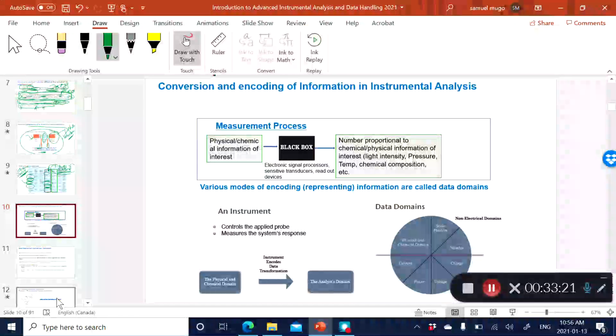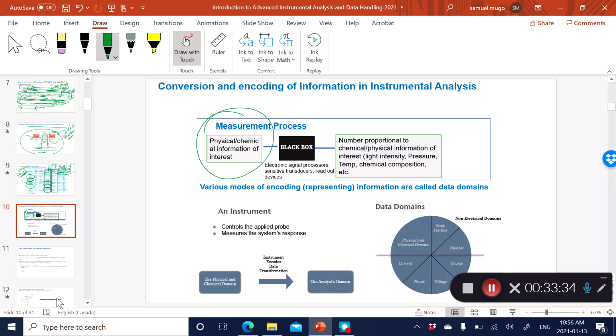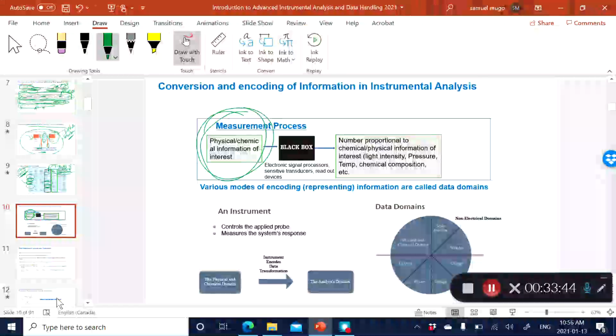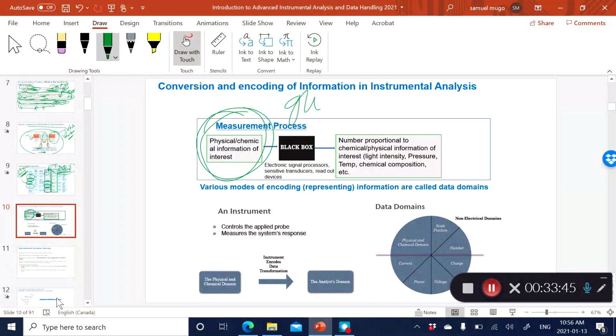Now, when you're talking about instrumental methods, you may find lots of people thinking of it as a black box. Because think about it, in most cases we are interested in a physical quantity or a chemical quantity. If I'm trying to analyze glucose in blood, what I'm interested in is glucose, which is a chemical quantity.